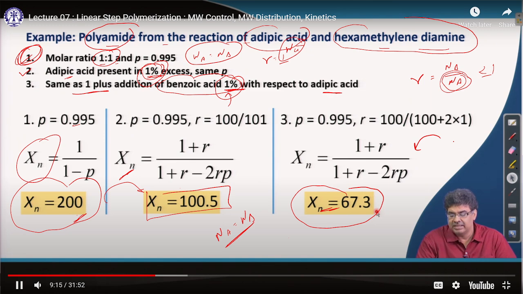Sometimes it can also happen that you are taking pure monomers, and still your degree of polymerization decreases drastically. Why is it happening? It is due to side reactions. Sometimes side reactions are there. These side reactions will produce some stoppers, which will prohibit your reaction and result in a decrease in your degree of polymerization.